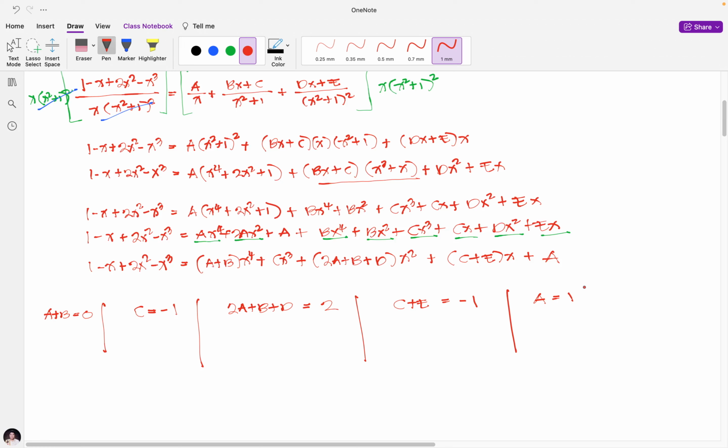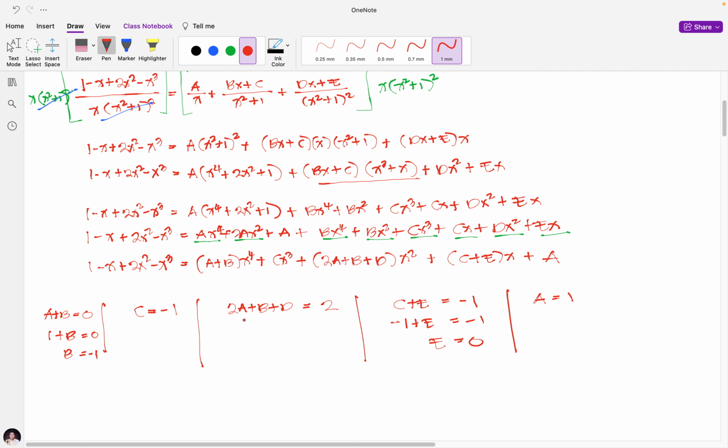So we have now the value of a and c. Here, c plus e equals negative 1, and since c is negative 1, that is negative 1 plus e equals negative 1, so e is equal to 0. So may tatlo na tayong value. Next, a plus b equals 0, so a is 1, 1 plus b equals 0, so b equals negative 1.